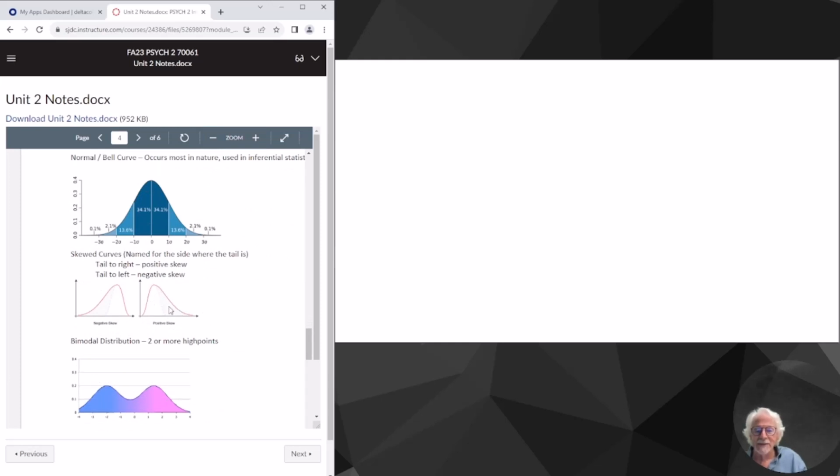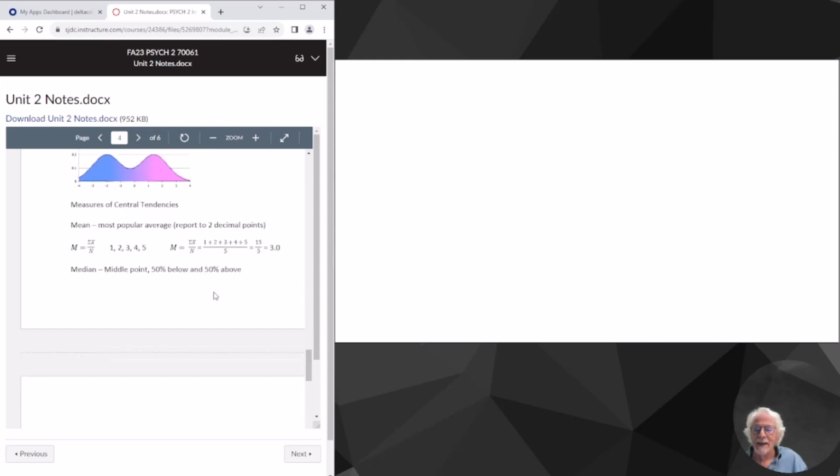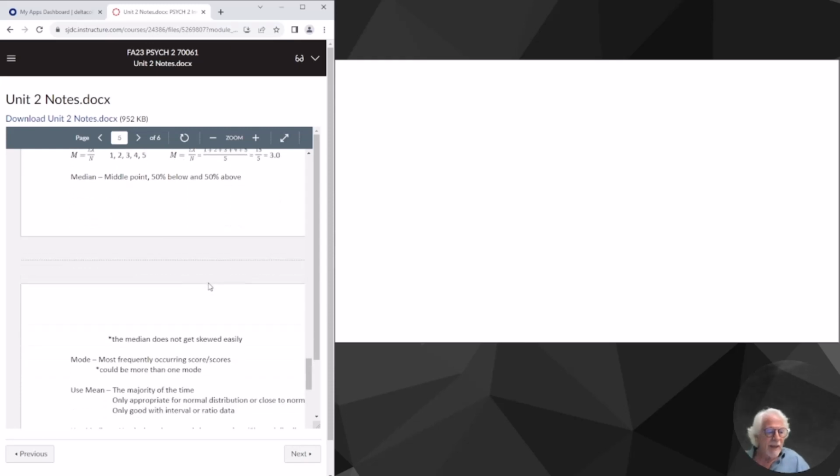And we're going to talk about the fact that the median is the best average in a skewed curve, and we're going to get to that in a minute. So that's the median. It's the middle score, whatever that is, and it does not get skewed.